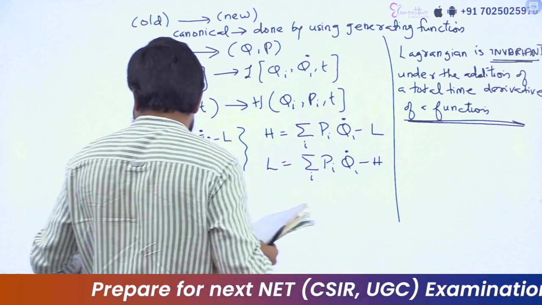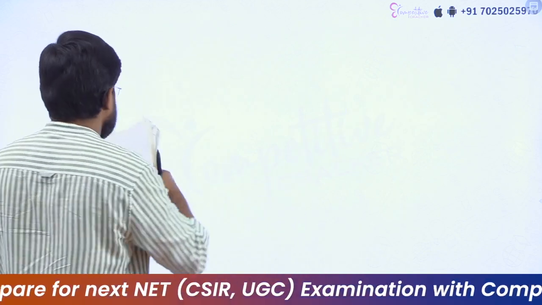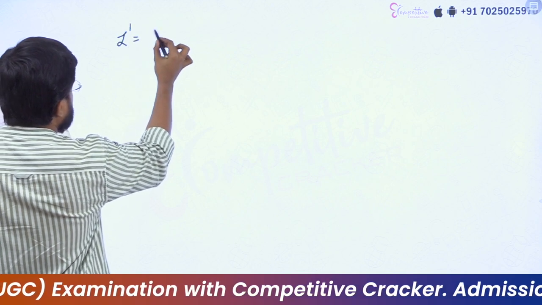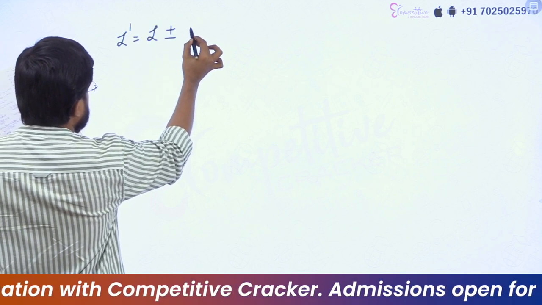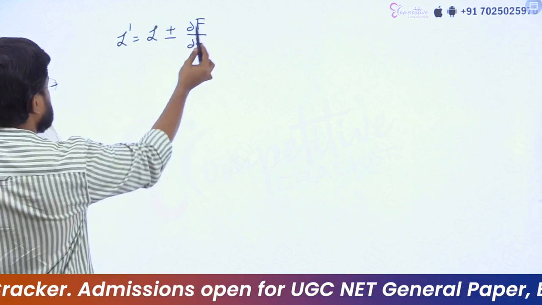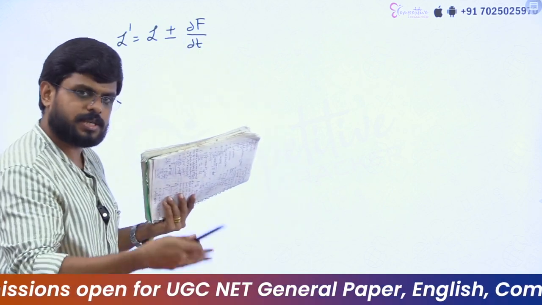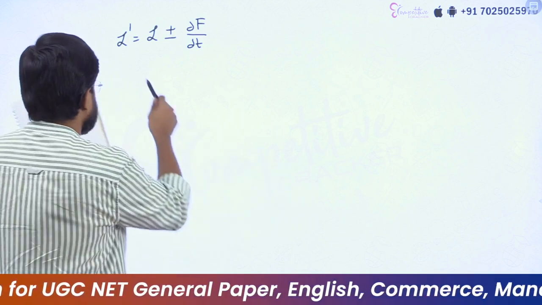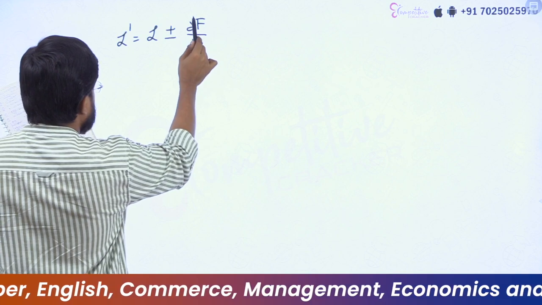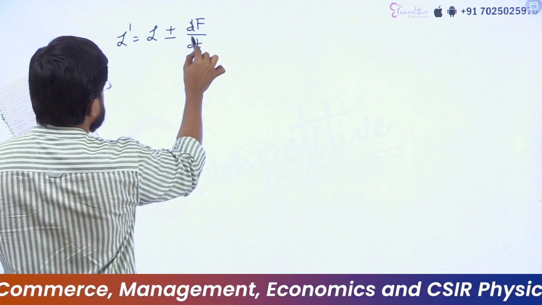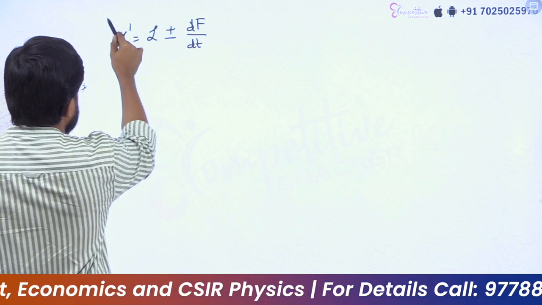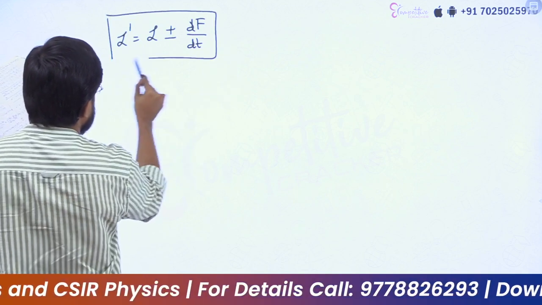Let us see how can we do that. See, that means Lagrangian is invariant under the addition of a total time derivative of a function. Addition means it can be subtraction also. Subtraction is a negative addition. So it's the same.